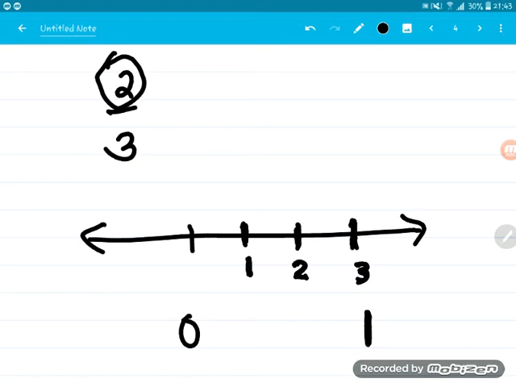Meaning, this is the second part, and the denominator again tells us the number of parts we have in the whole, so we will just write 3. So in this example, 2/3 is at this part of the number line. So let us just complete our drawing. So this is 1/3 and this is 3/3, which is also equal to 1.